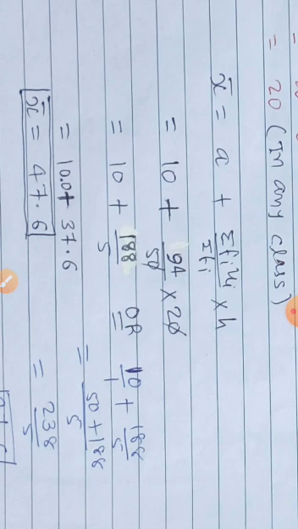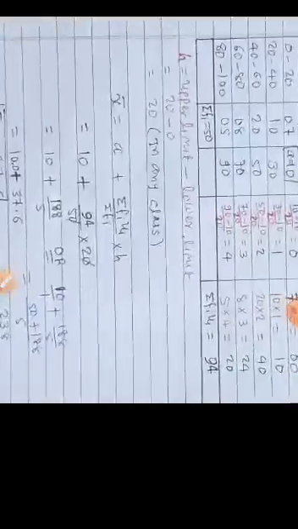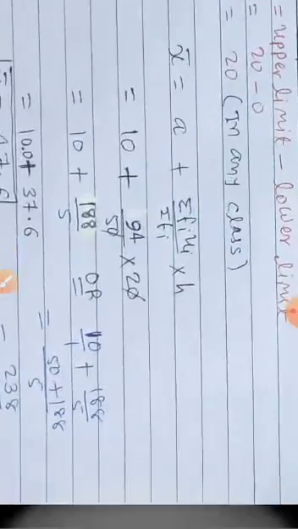The answer is the same only by the direct method, by the assuming method, and now we solve by step deviation. Same data, same answer. If you don't want to convert the second term into decimal, then another option is also there: cross multiplication, taking the LCM, meaning the second term remains a fraction only, then just cross multiply, and what you get, then divide.